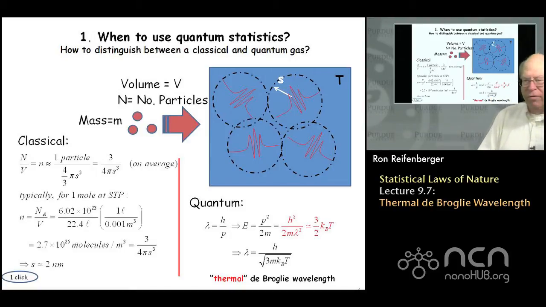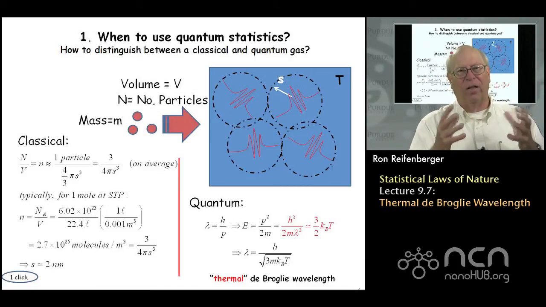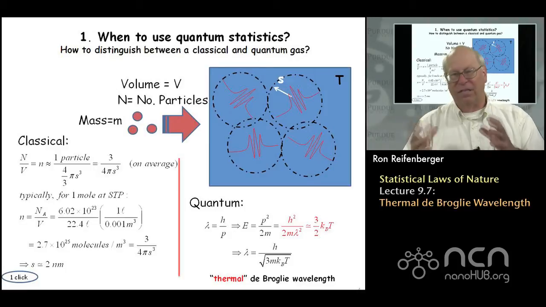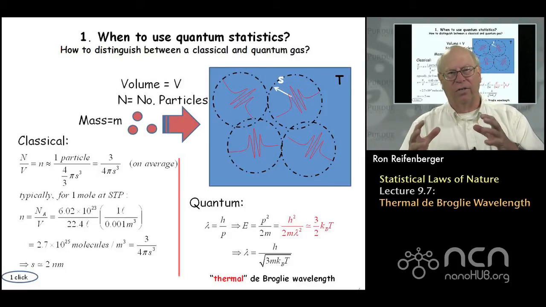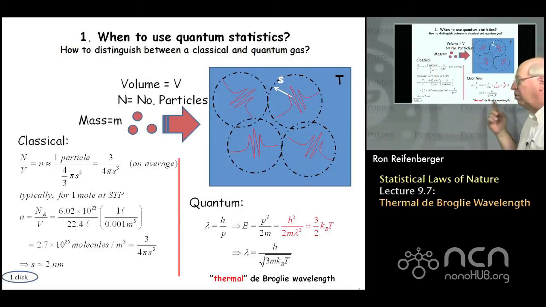And so if we want to decide whether a collection of particles has to be treated in terms of quantum mechanics or in terms of classical mechanics, what we have to do is compare this de Broglie wavelength λ to this interparticle separation distance s.